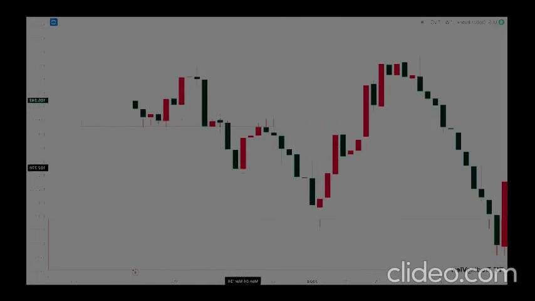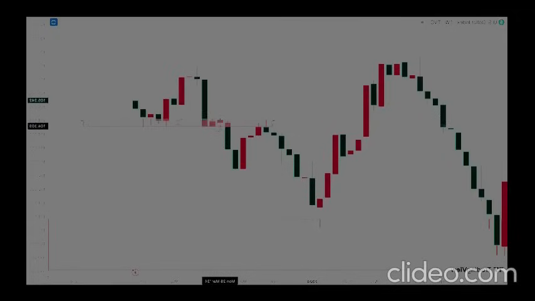The market was trying to push, they need to get some rejection.